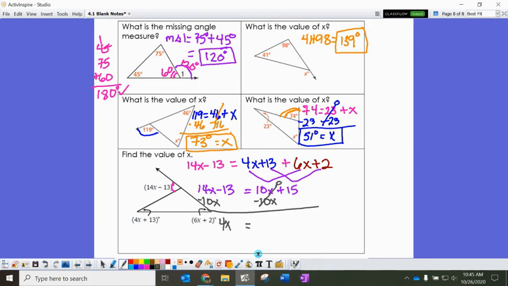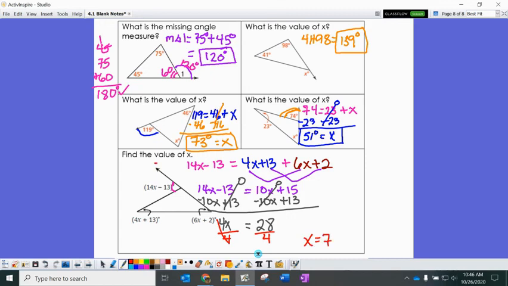Now that I have the x's on this side, I want everything else on the other. So I'm going to add 13 to both sides. That cancels that out. 15 plus 13 will be 28. We're almost there. Right now, the 4 is bumped up against the x, which means it's multiplied by x. We undo multiplication with division, so I'm going to divide both sides by 4, and we get x equals 7.